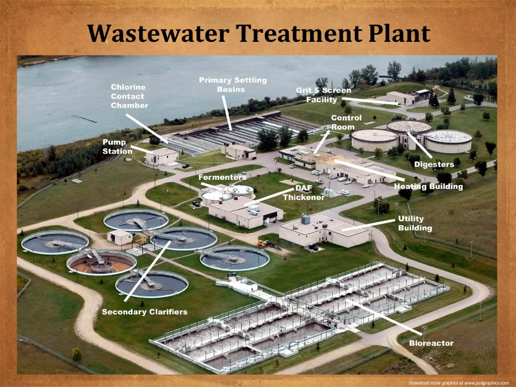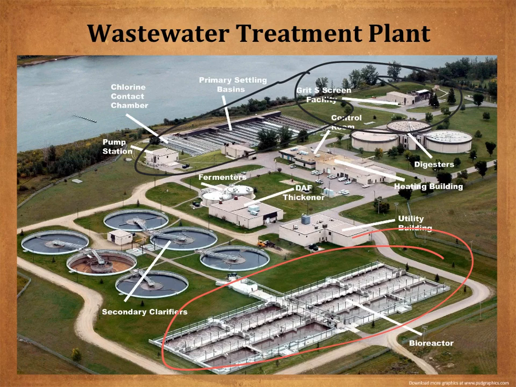We have our facility where we will kind of separate out the larger particles, and then that includes the settling basins, etc. And depending on the location, it may have disinfection occur earlier or later. It just depends. But the second stage would be through bioreactors. So that's where you would have your bacteria, oxygen, etc.